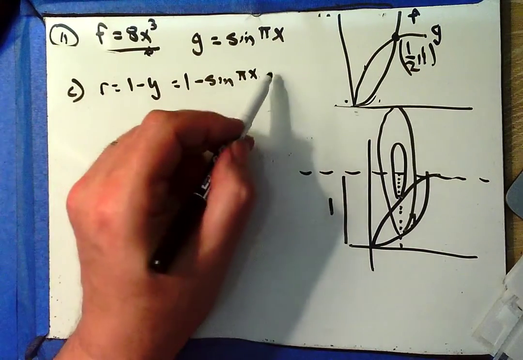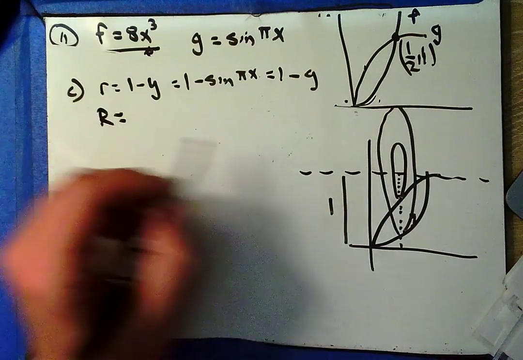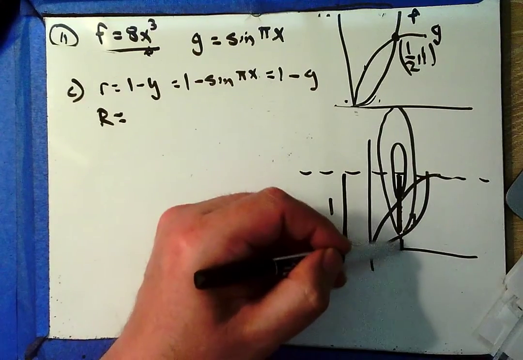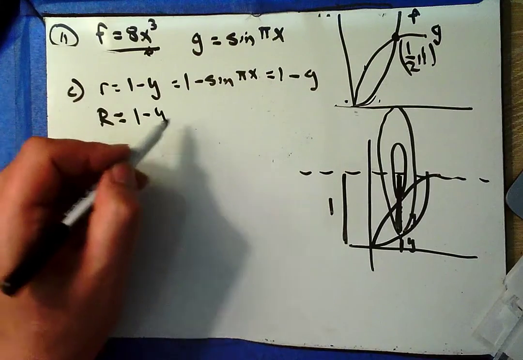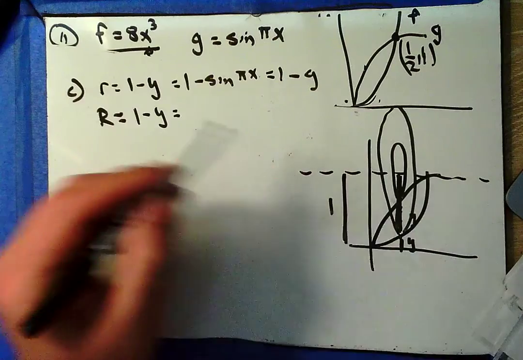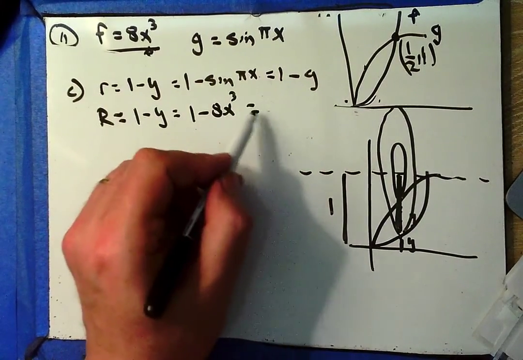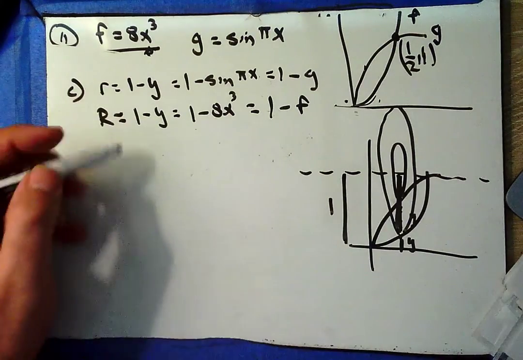You could, of course, also write 1 minus g. My big radius, that's this distance. If this distance is 1 and this distance is y, then the big radius is also 1 minus y, but the y for this curve. So I've got 1 minus 8x to the third. I, of course, could write 1 minus f. Now, I'm supposed to set up but not evaluate an integral.